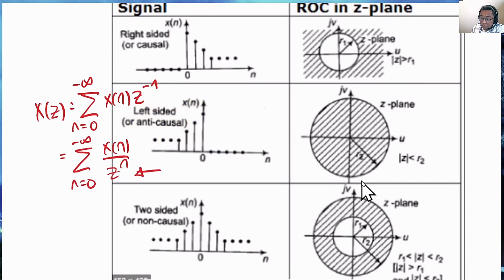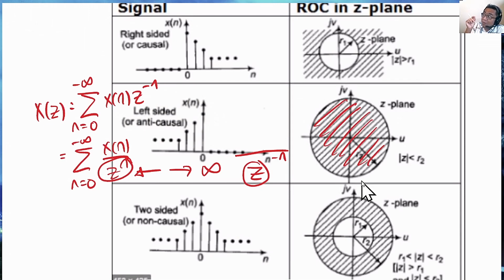Now for the denominator term to tend to infinity, we have z to the power of negative n here. So what happened is that we need z to have smaller and smaller value. And when z has smaller and smaller value, z to the minus n becomes larger and larger. And hence the region of convergence is inside, actually it will be inside the pole that is nearest to the origin if there are multiple poles.